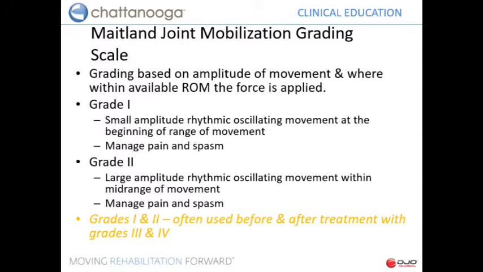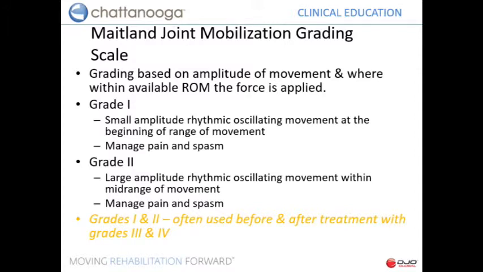So we can use this as a pretty good guideline to assist us in determining what we should choose, and I'll cover a little bit more in a second. But essentially, the higher the grade, the more, I don't want to say invasive, but either more force, more speed, and/or more duration with regards to the length of time that you're going to be pulling any said amount of force.